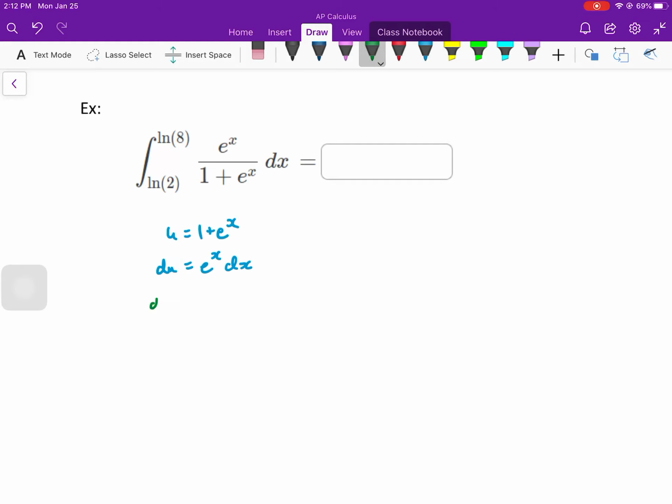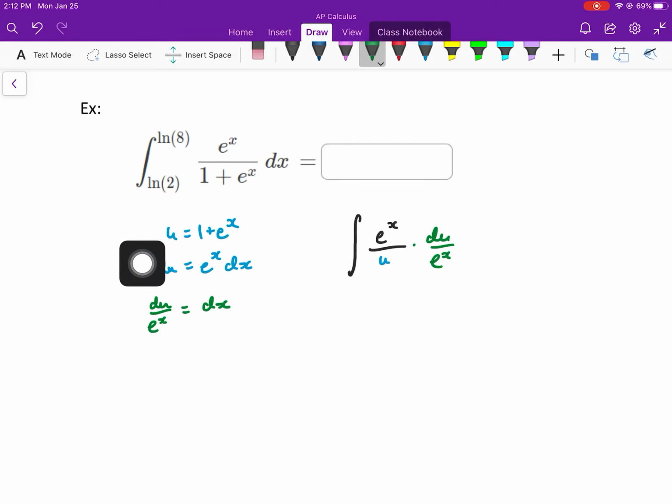You can kind of visualize this already, which means du over e to the x equals dx. So the e to the x on the bottom will cancel with the e to the x on the top, and the u goes in on the bottom, times du over e to the x. And the e to the x will cancel.